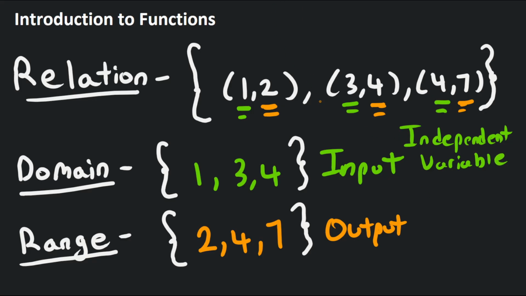And another name for the output or the range is the dependent variable. Independent variable, dependent variable. Input, output, domain, and range. So those are all the names. The domain or the input or the independent variable are just the x-coordinates of the relation, the ones underlined in green. And the range or output or dependent variables are all the ones underlined in orange in this relation right here, 2, 4, and 7.